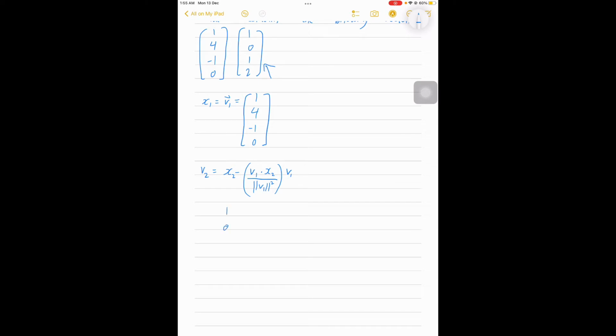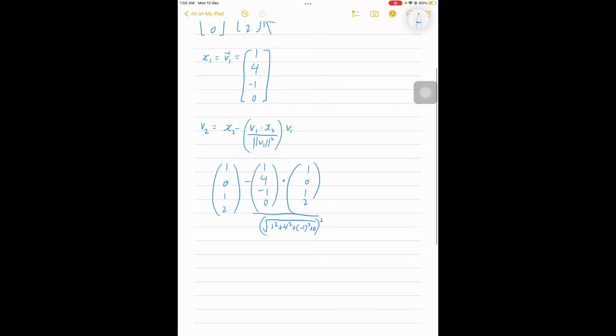So 1, 0, 1, 2 minus 1, 4, -1, 0 dot 1, 0, 1, 2 over 1 squared plus 4 squared plus -1 squared plus 0 squared.